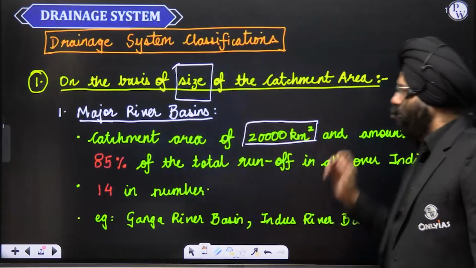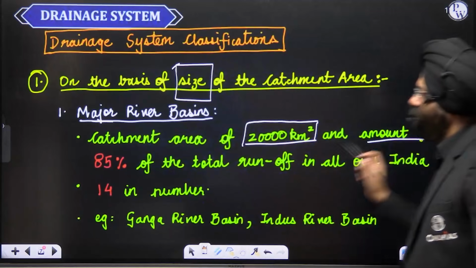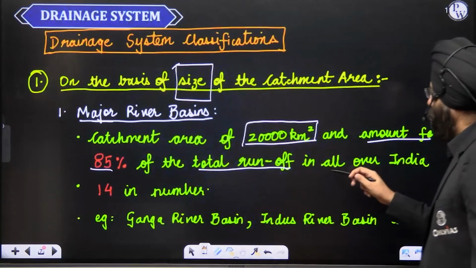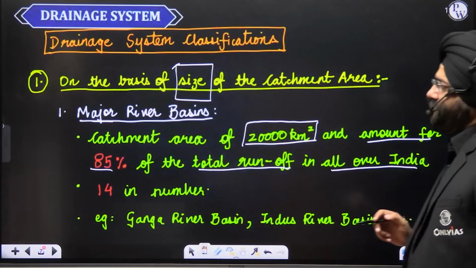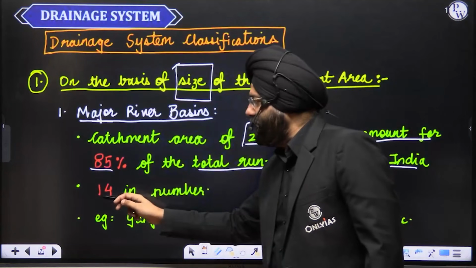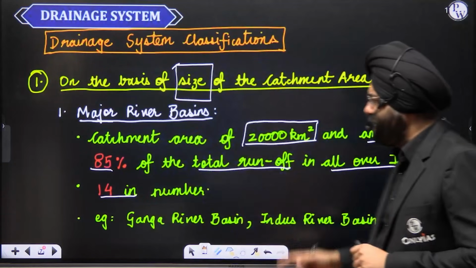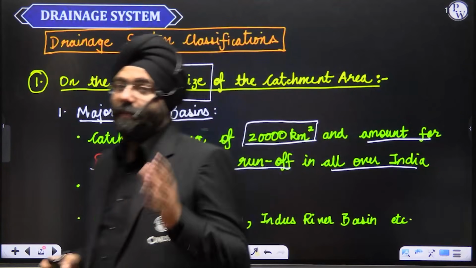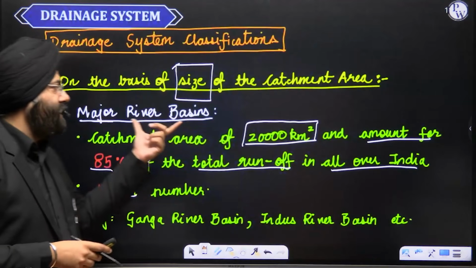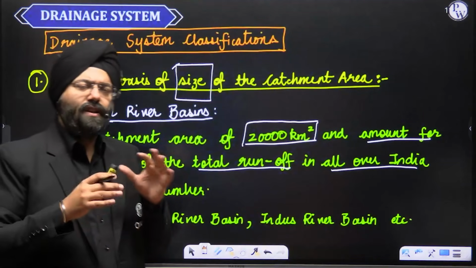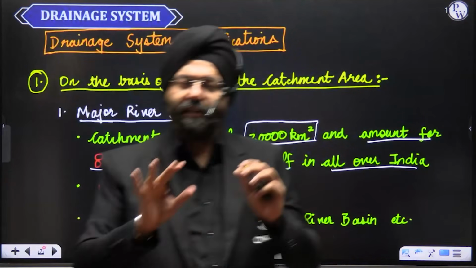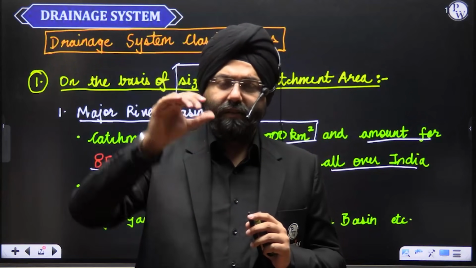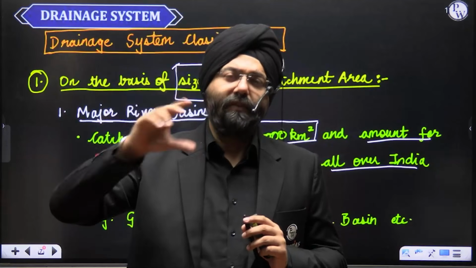Even greater. These account for 85% of the total runoff all over India. They are 14 in number, like the Ganga River Basin, Indus River Basin. These are big basins, so these come under the categorization of major river basins. If I put it in very simple words, let us assume I see a map of India, and based on the various rivers, I demarcate the various drainage basins.